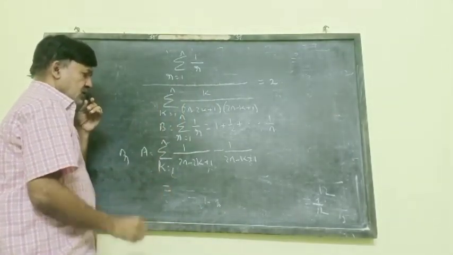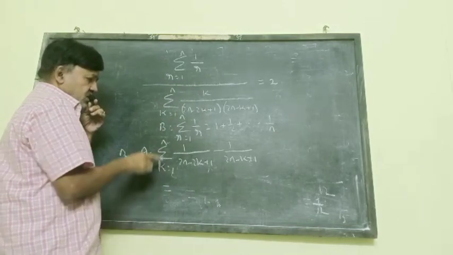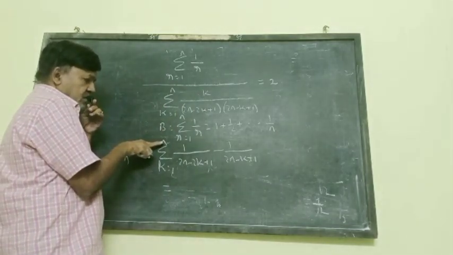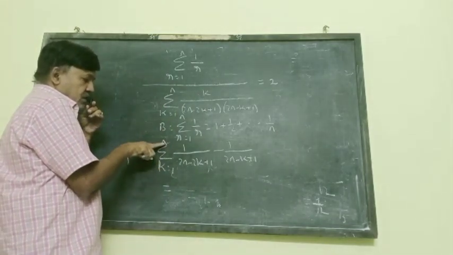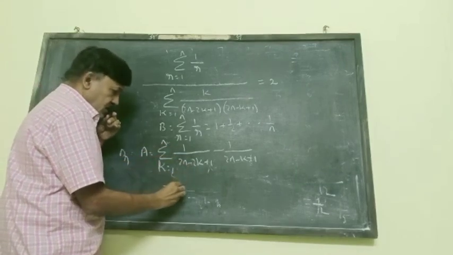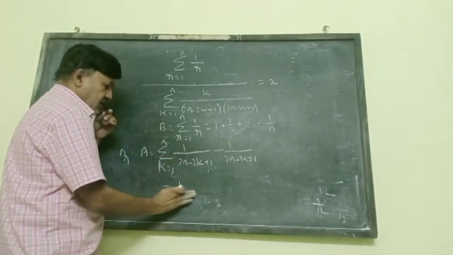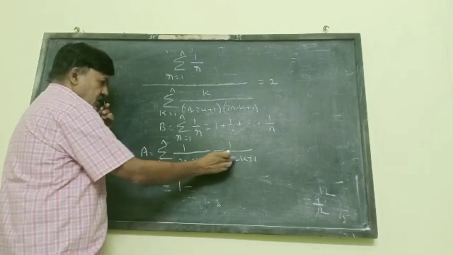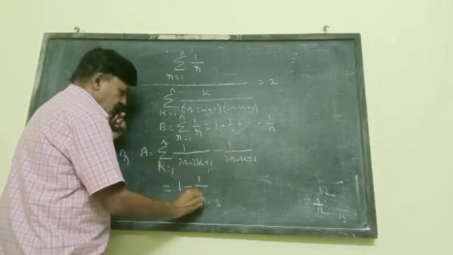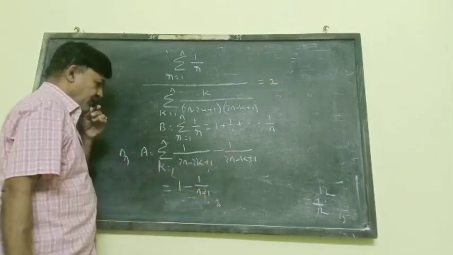Now, when you are expanding this, we start from the last term, n minus 1 up to 1. If you put n, you will get what? 1 minus... if you put n here, you will get 1 by n plus 1.